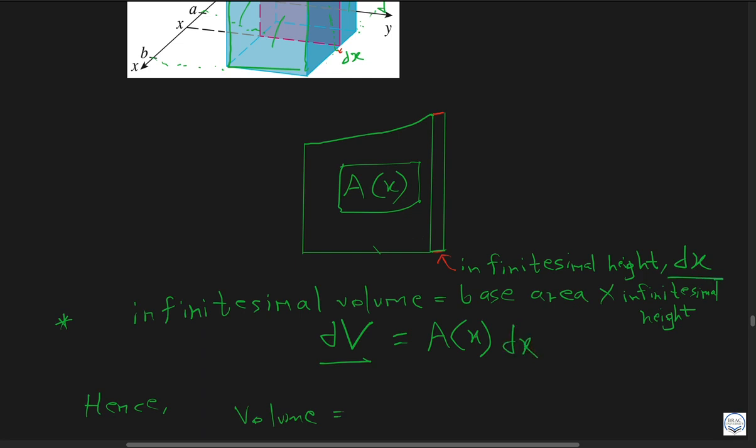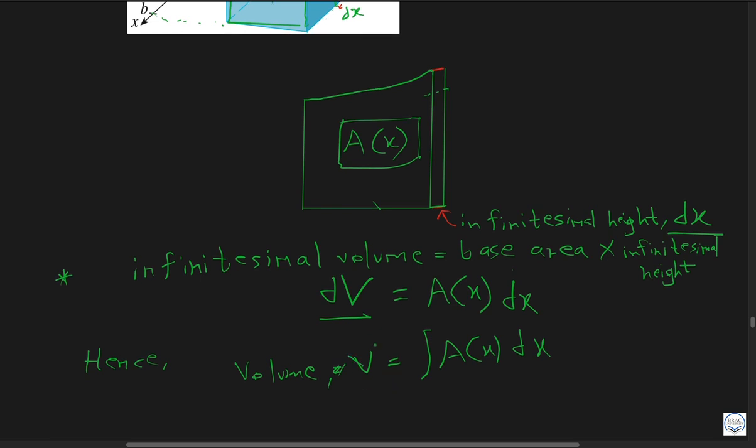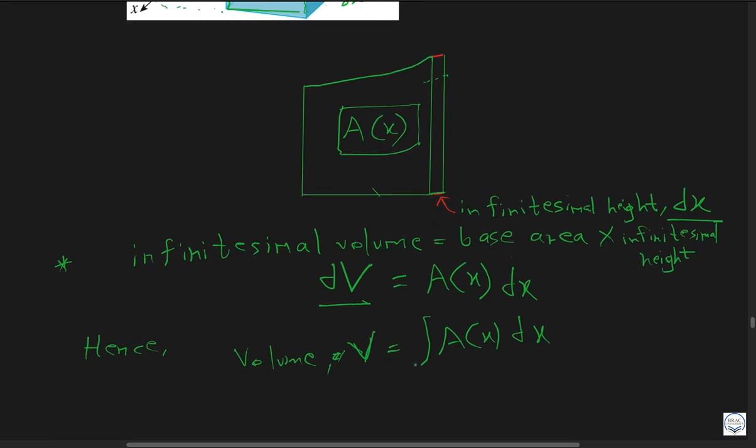If I integrate both sides, I get volume, or simply V, which will be equal to the integral of A of x dx. Just note that because the height has increased by an infinitesimal amount, the areas of both of these cross sections barely change. That's why we can calculate the infinitesimal volume in this way. So now we find that V is the integral of the area function with respect to x.